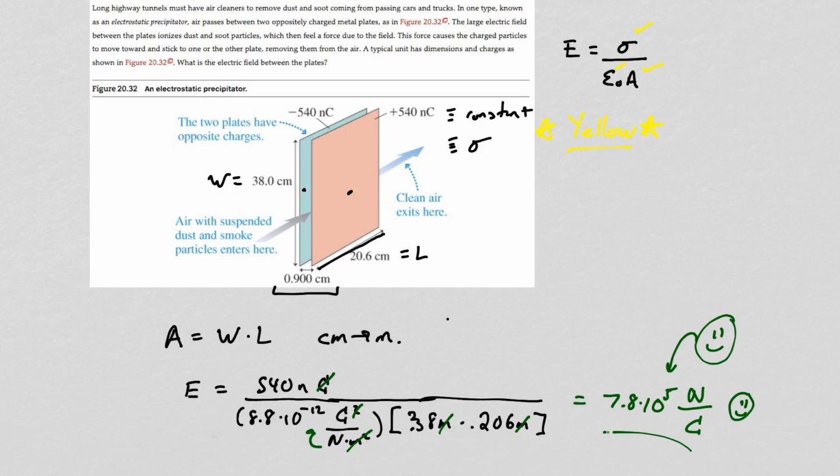The only other thing that can come up in this type of problem as a caveat is that here we had a square, and so we know the area is the length times the width. I could change this problem around and say that the plates of this thing were circles, in which case we know the area of the circle is pi r squared, and so there I'd have to give you the radius.